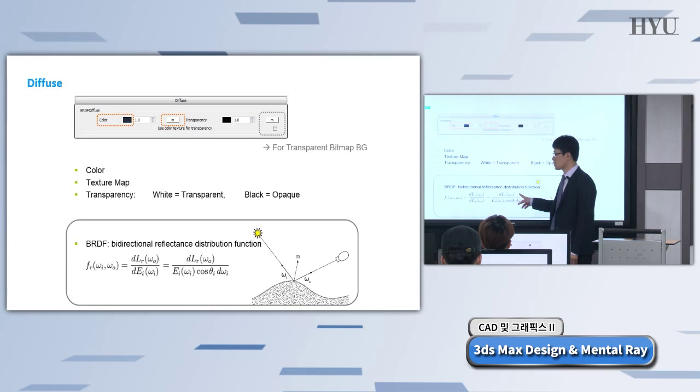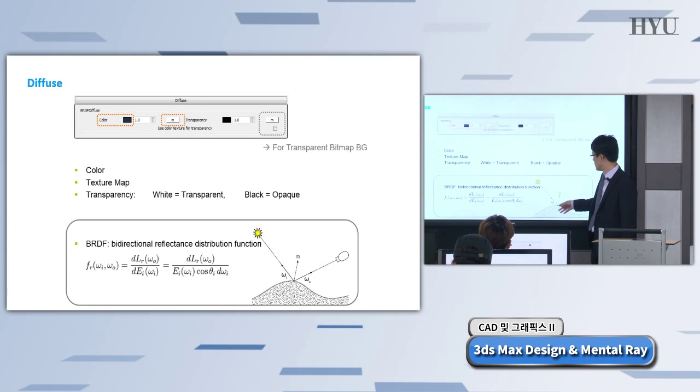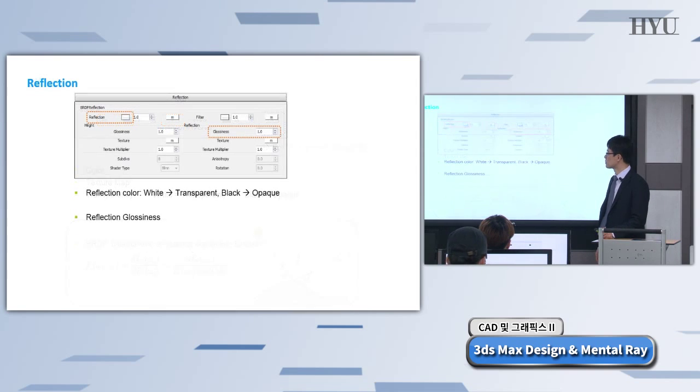This is totally something about physics. But thanks to this kind of mathematical definition and physics, computers can calculate precisely the same as our real world. That is why this kind of renderer can generate very photorealistic render output images.